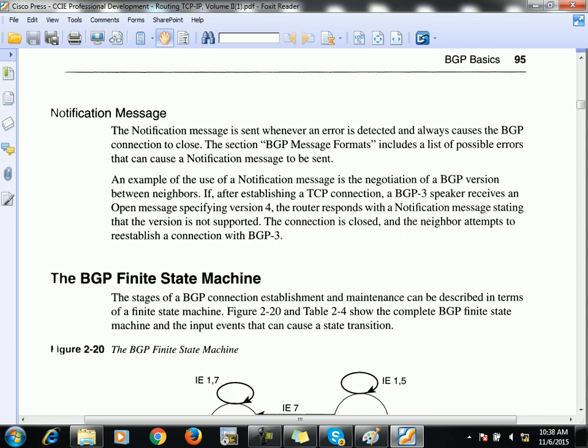Here in this book it is written that NLRI contains only one route.